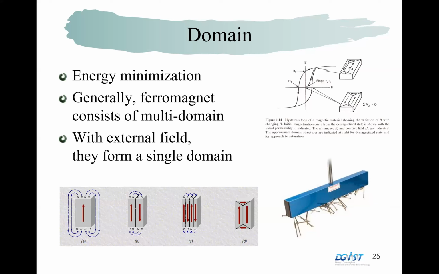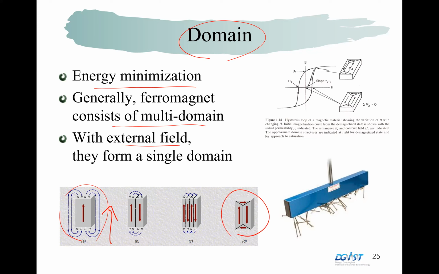Okay. So the formation of domains is a kind of energy minimization. And in general, a ferromagnet consists of multiple domains. With an external magnetic field, we form a single domain, when we apply a strong magnetic field. Otherwise, they form multiple domains. For example, this kind of domain structure is called Landau patterns.